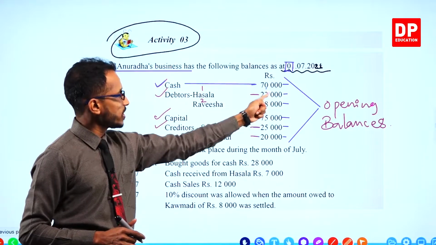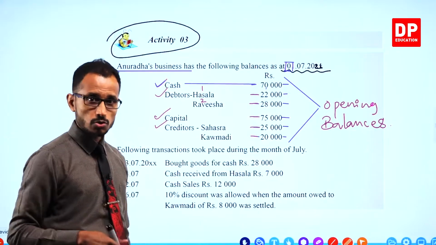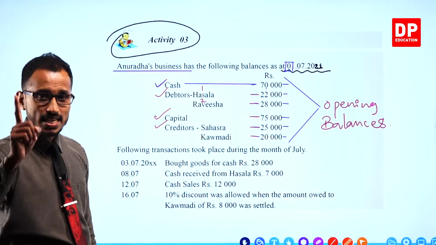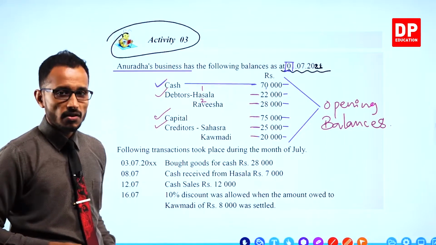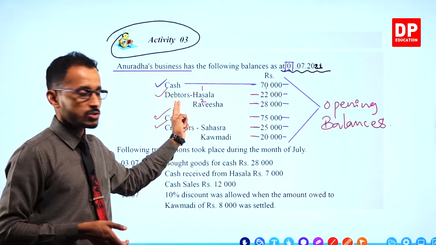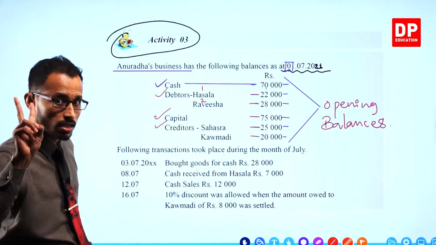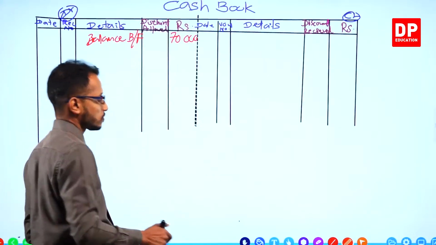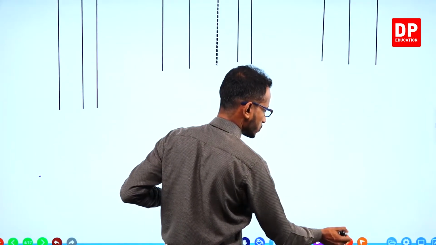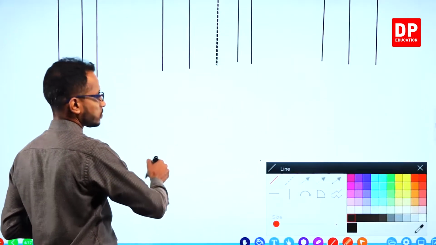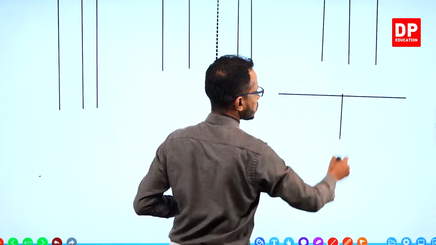We have debtor Hassel as 22,000, debtor Ravisha 28,000. Let's draw two T accounts. I'm just going to draw T accounts without columns to speed up our activity and finish this quickly. Two ledger accounts. This is Hassel's account.